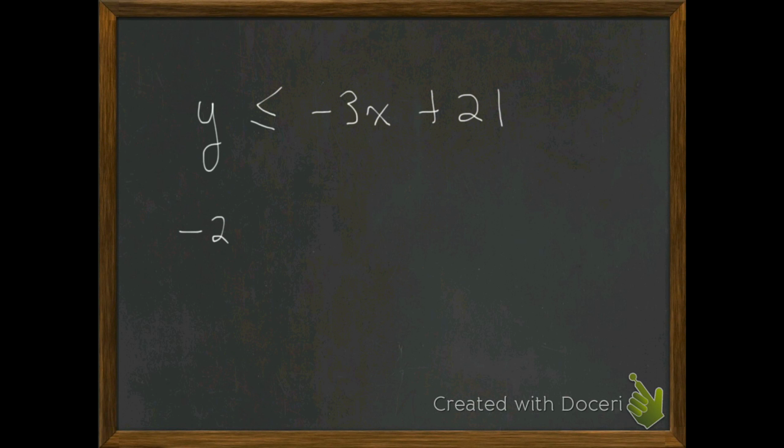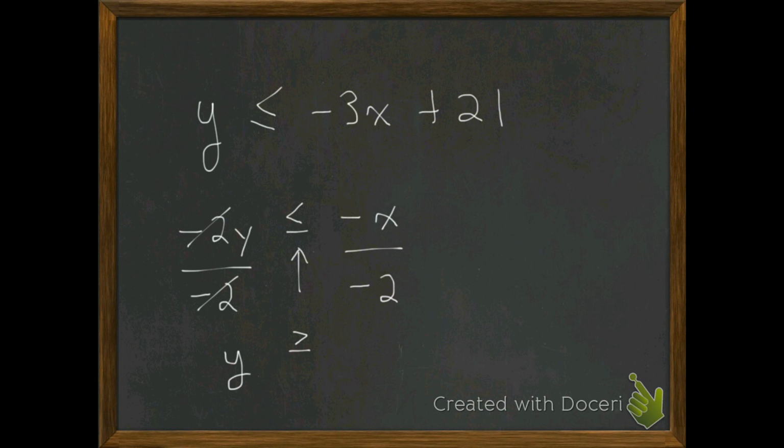And the other one, I've got a little bit of work to do. So I've got negative 2y less than or equal to, and I've got to move the x over, which makes it a negative x. Now I've got to divide by negative 2. That's a little weird looking, but we can make it look like what we want. So these are going to cancel out, as you guys like to say. And since we have divided by negative numbers, the inequality sign has to change.